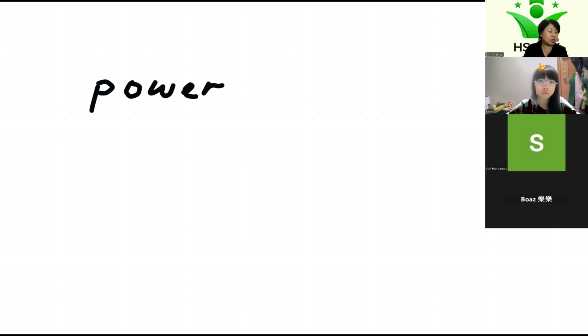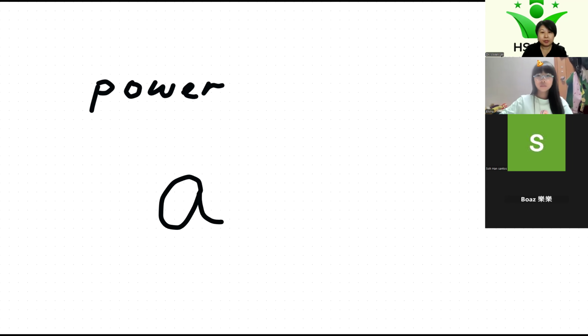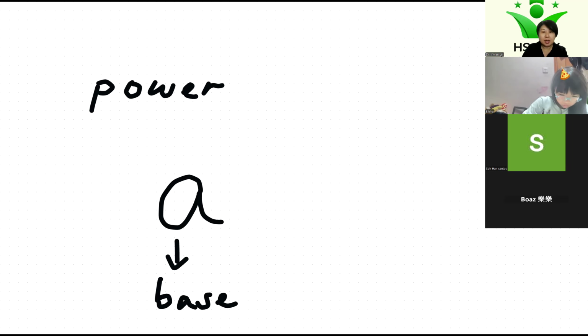Index, exponents. Okay, so if you have this A, we call it base. In English, we call base. And then you will have a number up here.